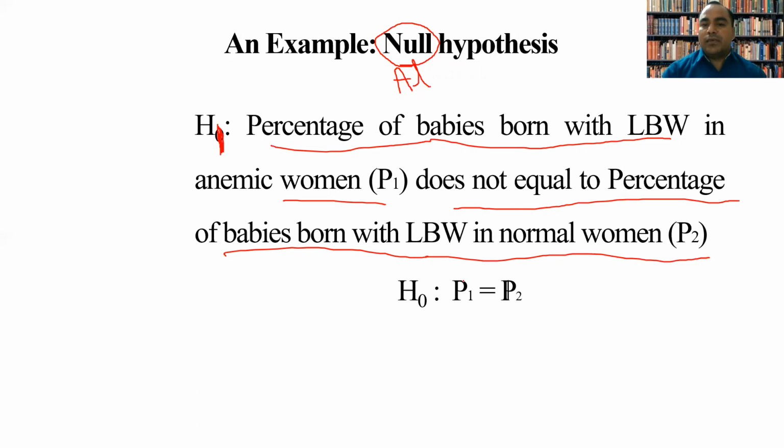Notationally, this is H1: P1 does not equal P2. That means the alternative hypothesis is just the opposite of the null hypothesis. Otherwise, if you are saying P1 equal to P2, that means null hypothesis. So this is the alternative hypothesis.